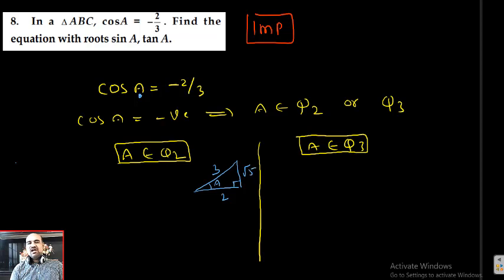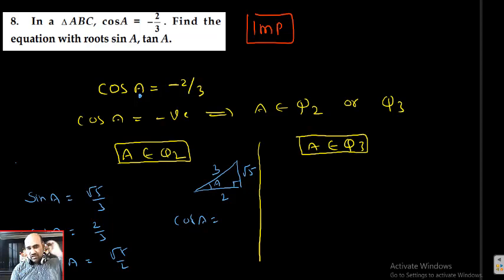Okay. Now all trigonometrical ratios I can write. Sin A equals root 5 by 3. Cos A equals 2 by 3. Tan A, without symbol I am writing first of all, equals root 5 by 2. Cot A is the reverse, 2 by root 5.